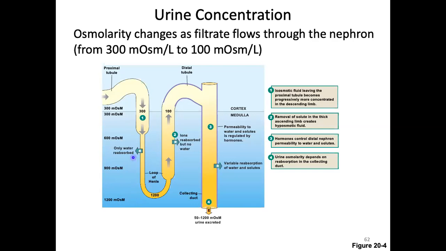Because we had this concentration gradient set up by the ascending limb. Number 2, ions are reabsorbed but water can't go through; it's impermeable to water. So we pulled in a bunch of sodium from here all the way up, and that sodium would stay in this interstitium in blood and pull water in.